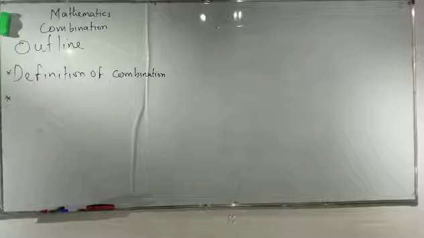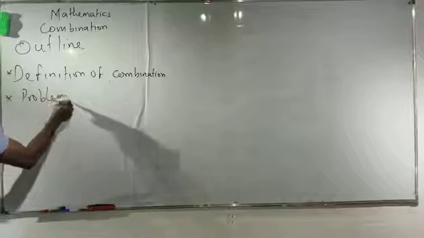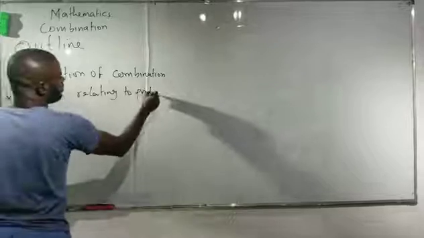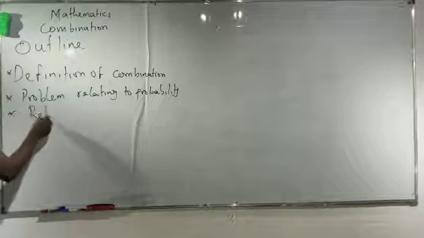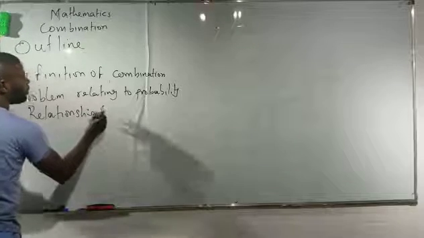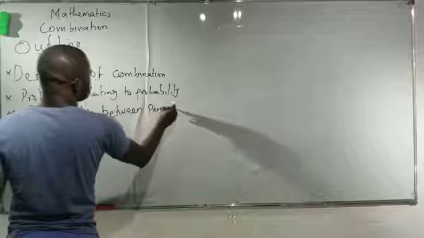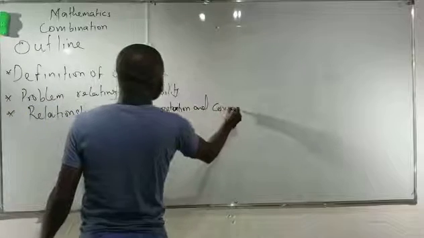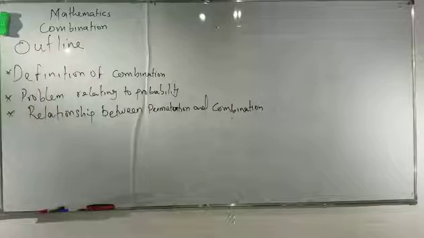The second one, I'll be talking about some word problems relating to probability, and I'll be talking about the relationship between permutation and combination. That is what I'm going to be working on at this point.